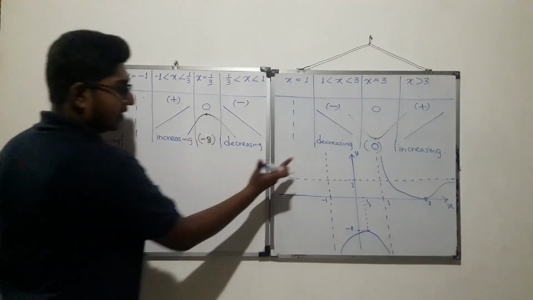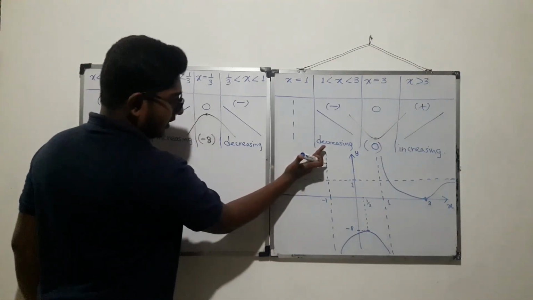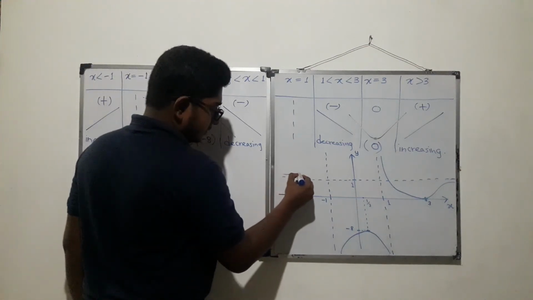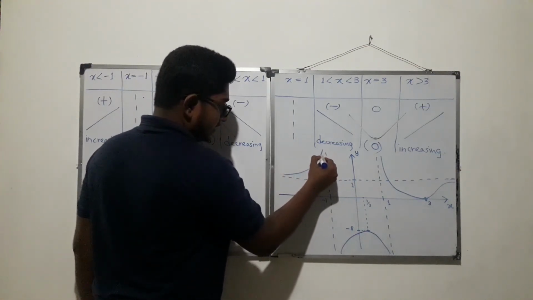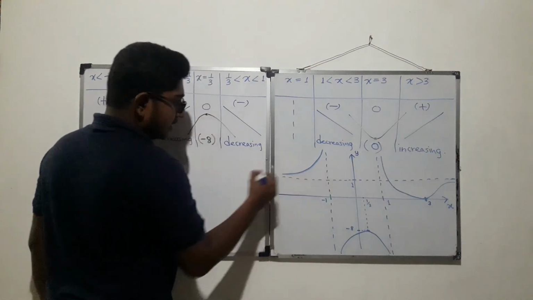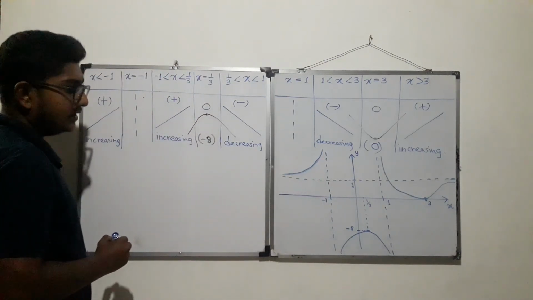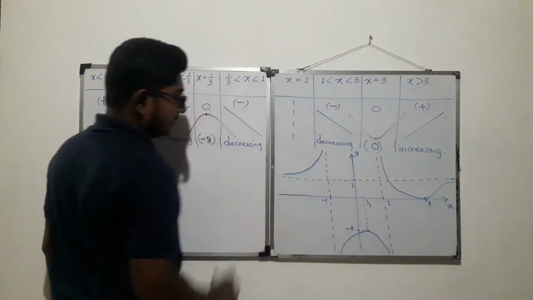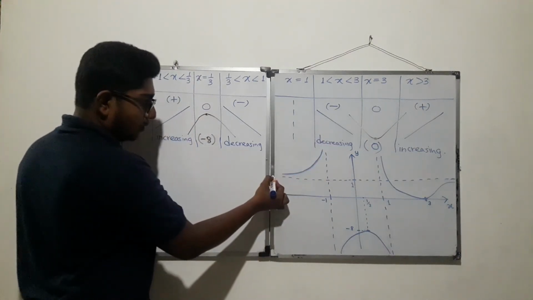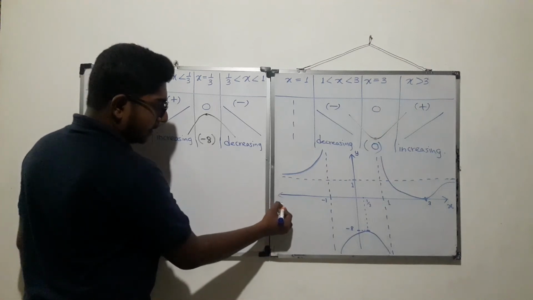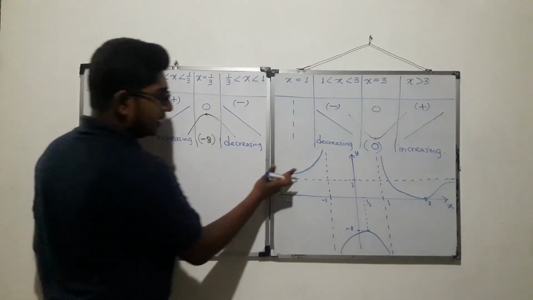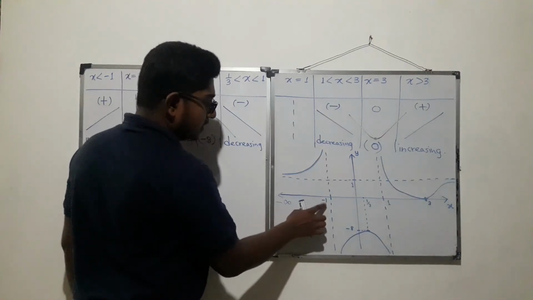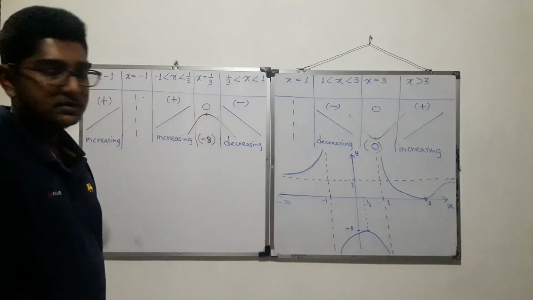That means we must have a line like this outside. Since the gradient is positive, increasing, I can draw the line in this manner. It approaches 1 when it tends to minus infinity, and it approaches plus infinity along the y-axis when it approaches minus 1.